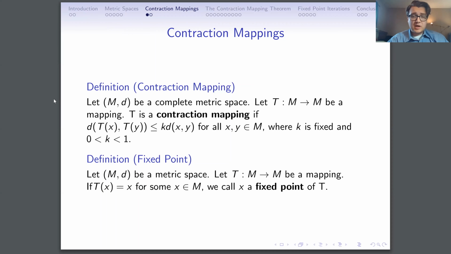We say that T is a contraction mapping if the distance between the images of x and y, for arbitrary elements x and y of M, under T is less than or equal to the distance between x and y times some constant k, where k is fixed and strictly between 0 and 1. We call k our contraction constant or our Lipschitz constant. And real quick, let's discuss what a fixed point is. A fixed point is simply a point in your set where, under this mapping, T of x is equal to x, so it maps to itself.